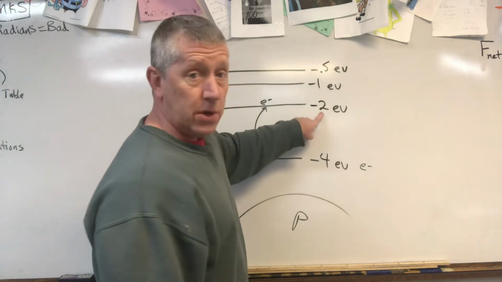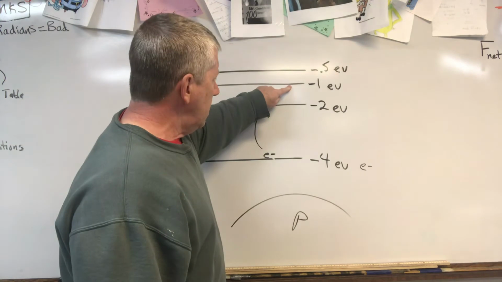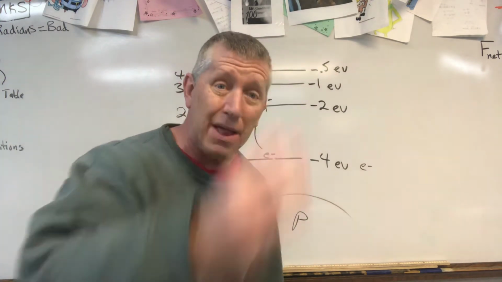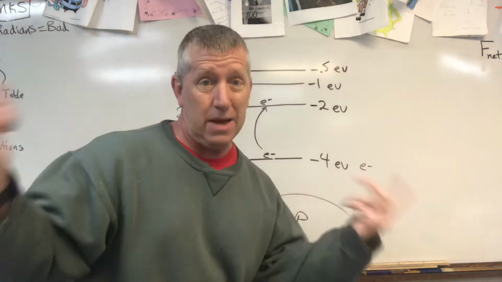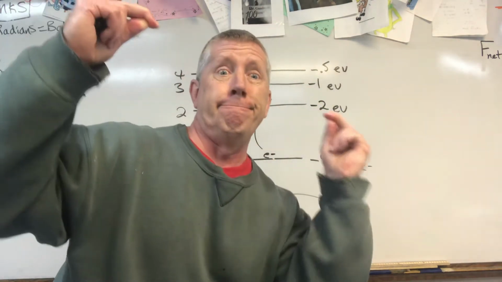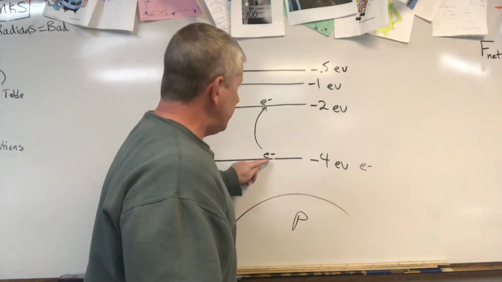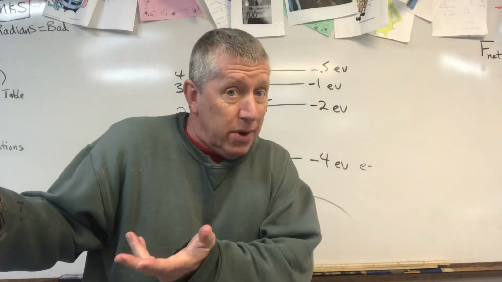That's more than enough to go to here, but would it be enough to go to here? To go from here to there, I need 3 electron volts. The difference of 4 and 1, subtract, calculator time. What do you get? Yeah, 3. You need 3 electron volts. So if you put 7 quarters into your Coke machine, you're just getting 1 Coke. You're not going to get 2.